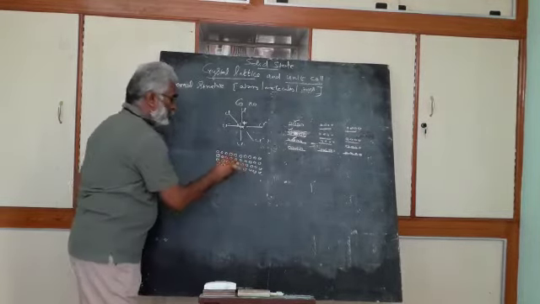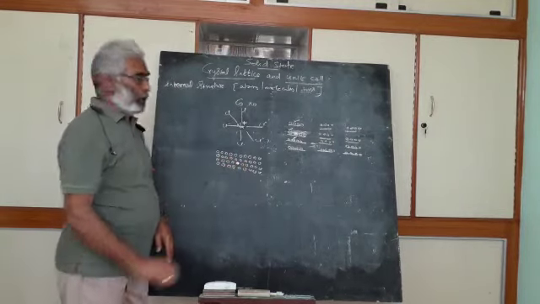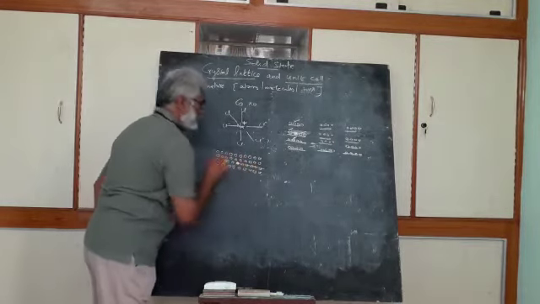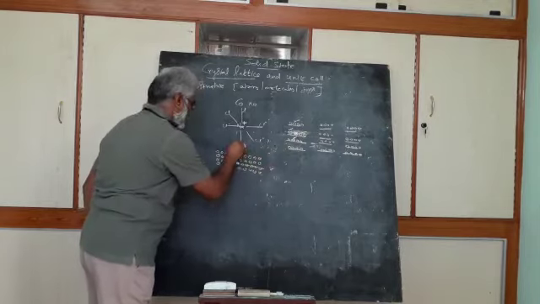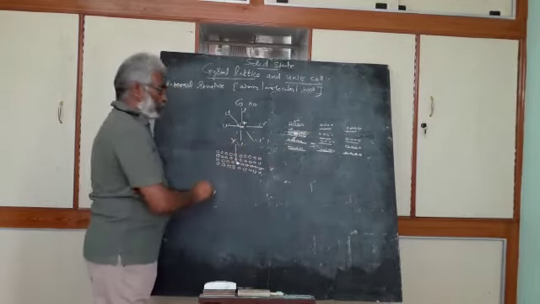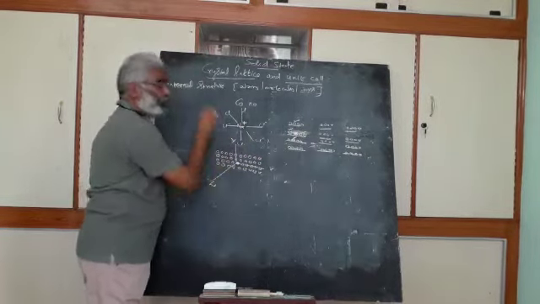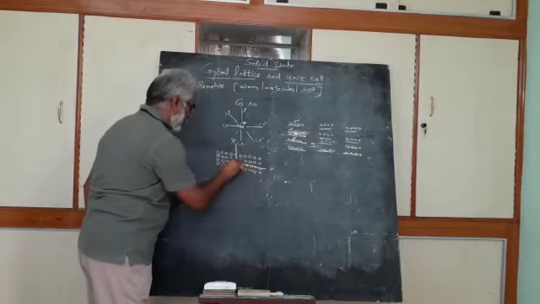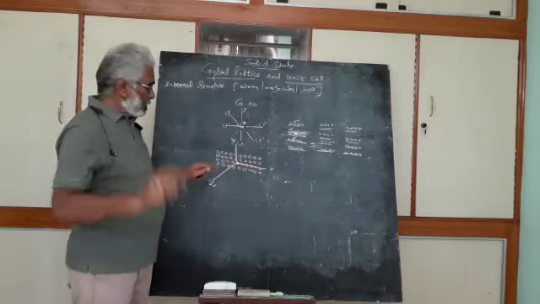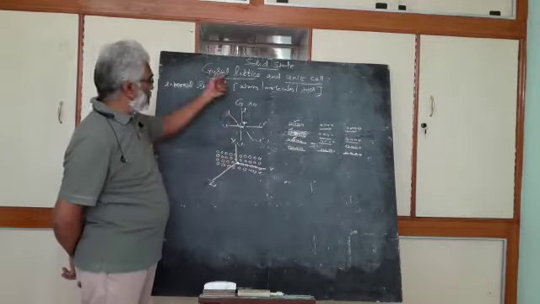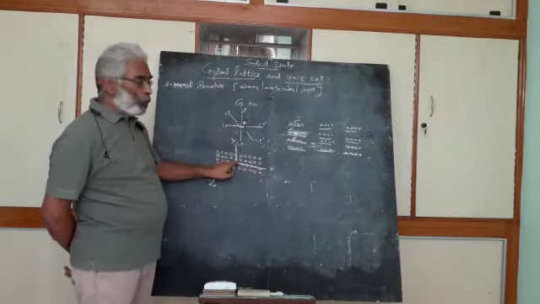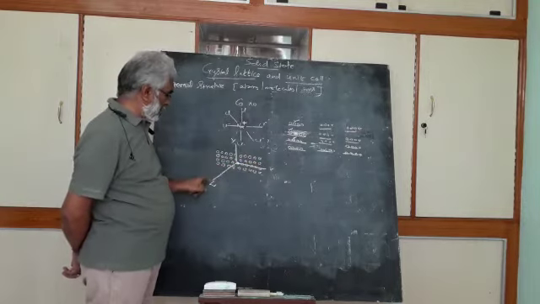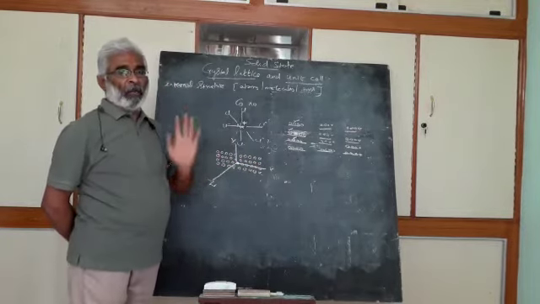I have to assume the 3 axes. Let it be the x-axis, this is the y-axis, this is the z-axis. These are called crystallographic axes. I selected one atom in the crystal lattice, assuming x, y, z axes, 3 axes, 3 dimensions.